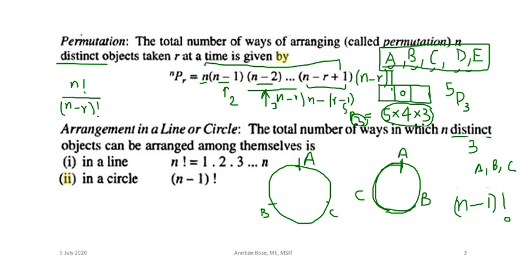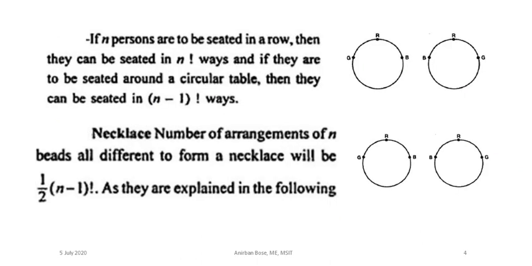One is removed because in a circular permutation, one person has to be fixed as the reference. So the answer for three persons in a circular path will be (3 minus 1) factorial. But if you want to arrange three persons in a line, the answer will be 3 factorial. In case of circular permutations, it will be (3 minus 1) factorial. Now one more thing regarding circular permutations.